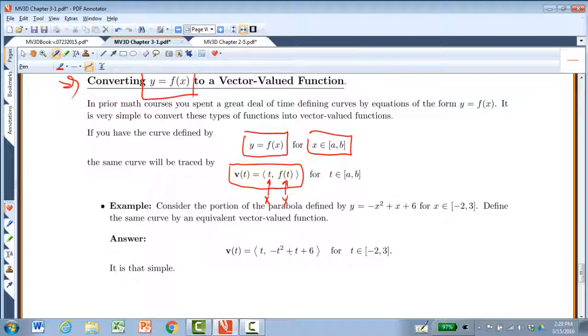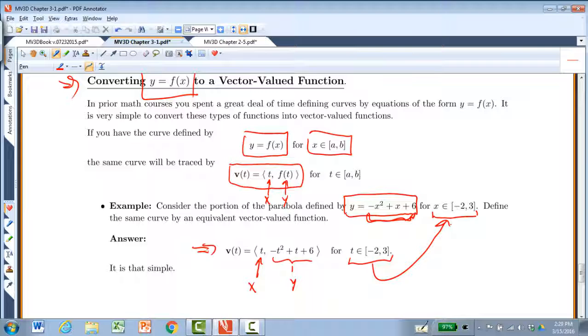For example, if I wanted to sketch out y equals negative x squared plus x plus 6, and that's just a parabola over x going from negative 2 to 3, I would just have this vector valued function. Again, there's x, it equals t, straight up easy to do. There's y, it's just the role that x plays in y equals f of x. And then your domain on t is the same as the domain on x was.